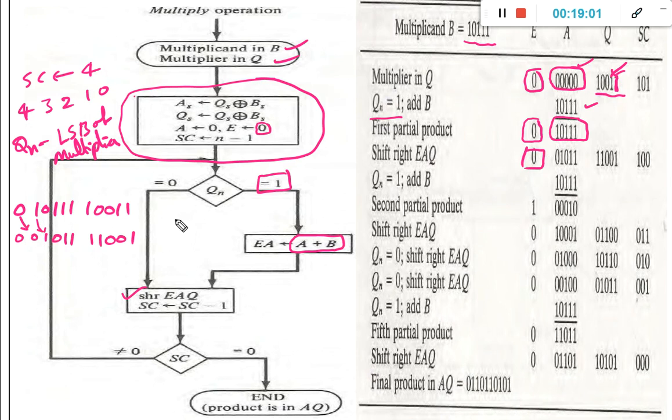Now the sequence counter will be decremented by 1, SC assigned SC minus 1.